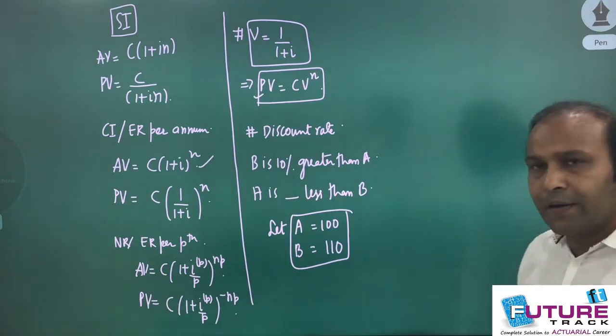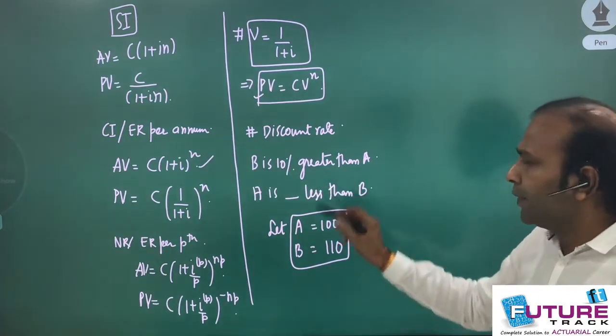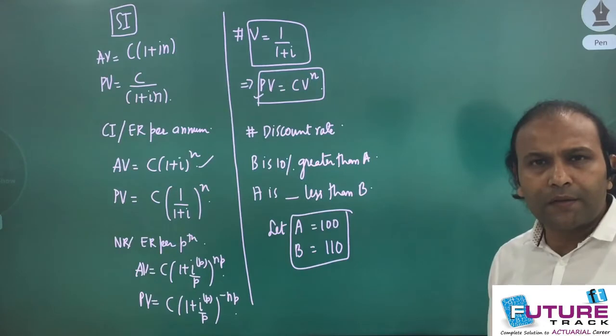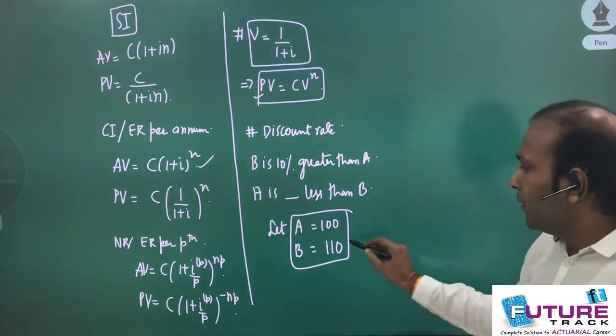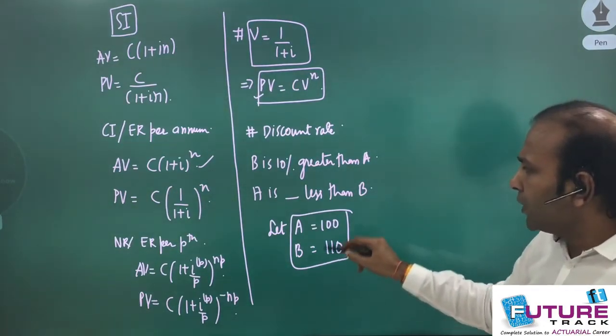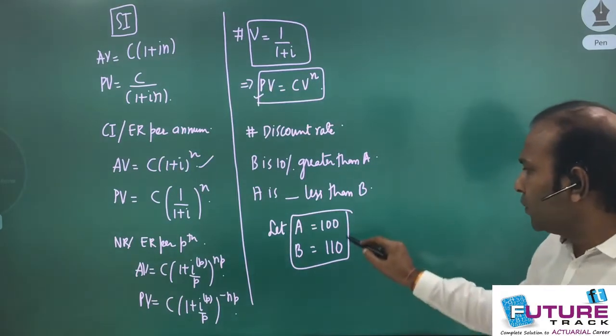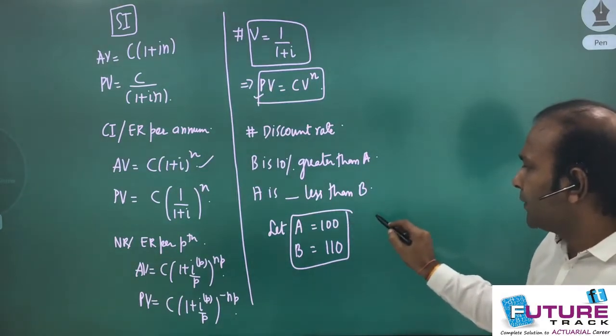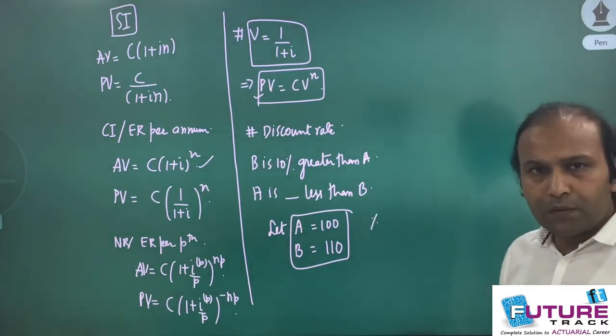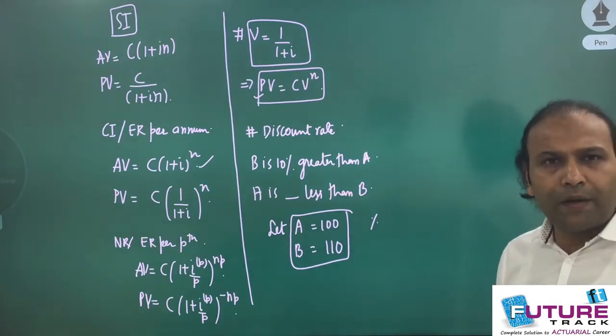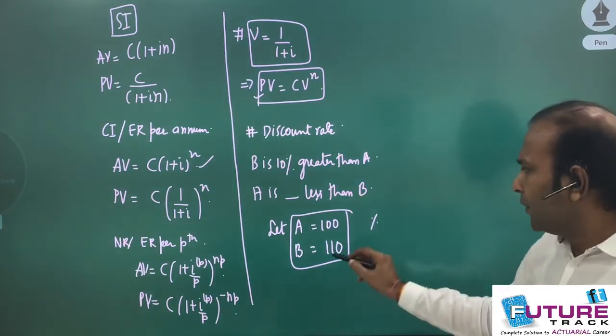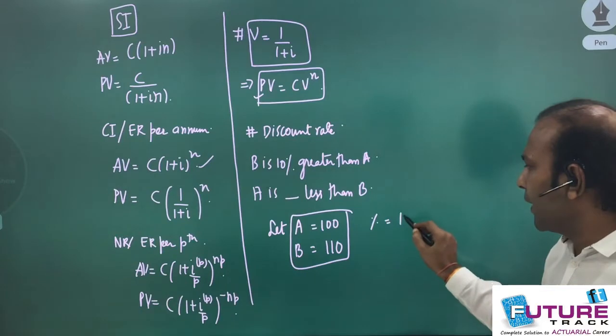Now we have to make it vice versa. It is not 10%. Usually students say 10%, but that is wrong. Why? Because we have to see how much A is less than B. So what is the difference? Percentage formula is what? Like we have marks obtained by total marks into 100. The difference here is 10.